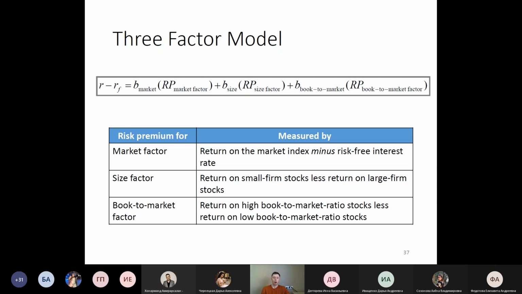It has the market factor, the same one we have in the capital asset pricing model, plus the size of the firm, since usually smaller firms grow faster than bigger ones, and the book-to-market ratio, the ratio between the stock price capitalization of the assets and the balance value of these assets.